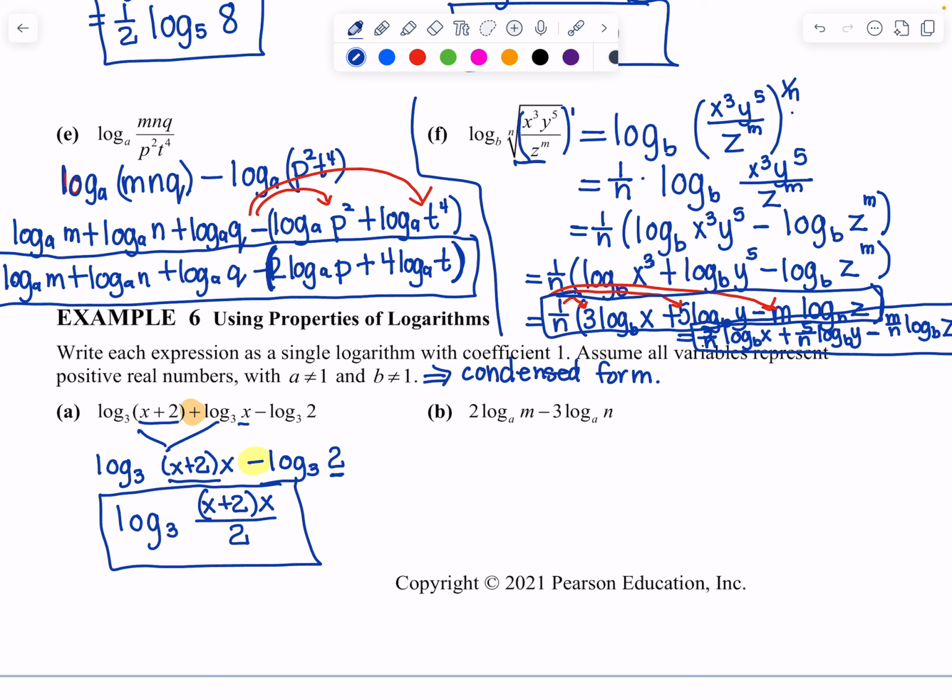Now, here, you all, part B. A couple of things that we should see, right? Y'all should recognize, here, I got a number here and I got a number here. I got a number in front of my logarithm statement.